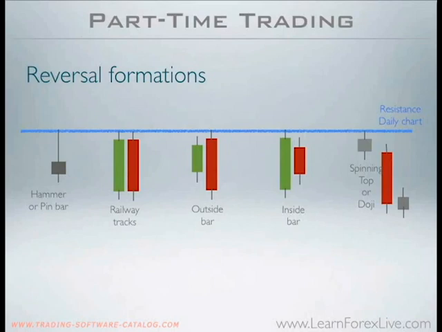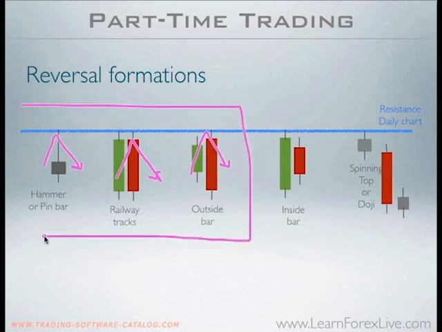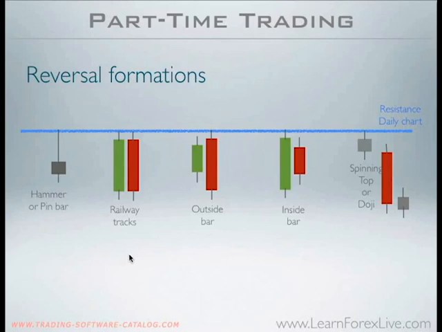One final piece of information I want to throw in as far as reversals go. Since we are trading rejection, since we are trading momentum bounces off levels of support and resistance, especially on these three patterns here on the left, you want to have your entry triggered in the bar immediately after the reversal formation.